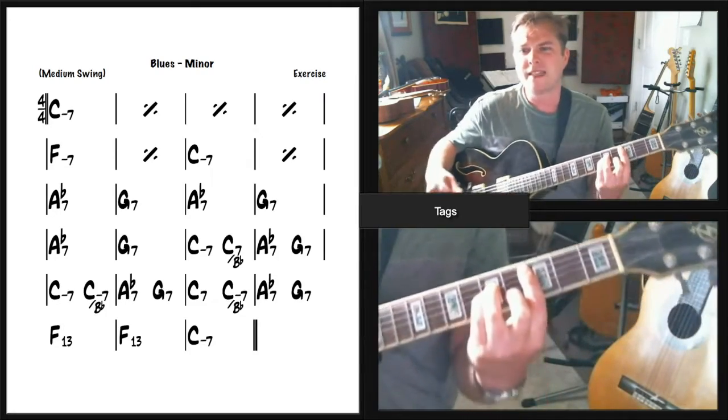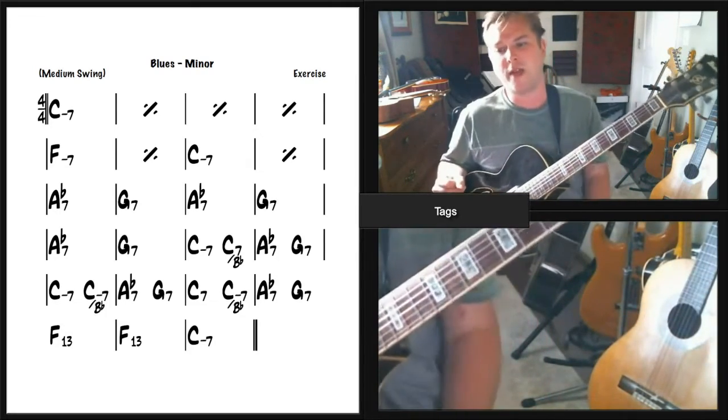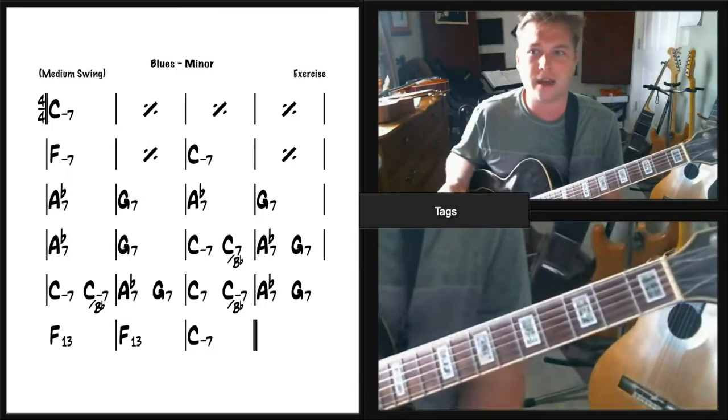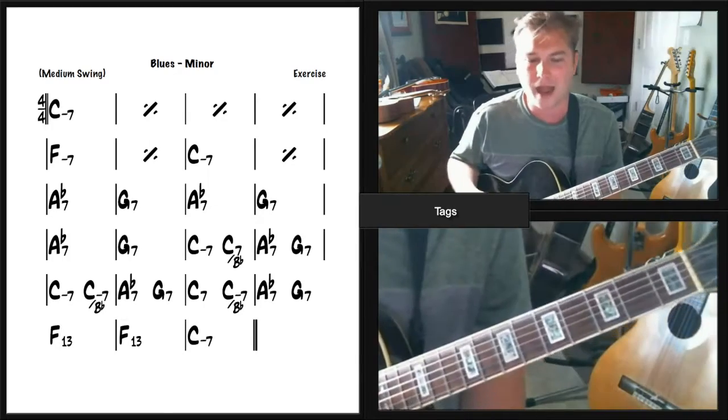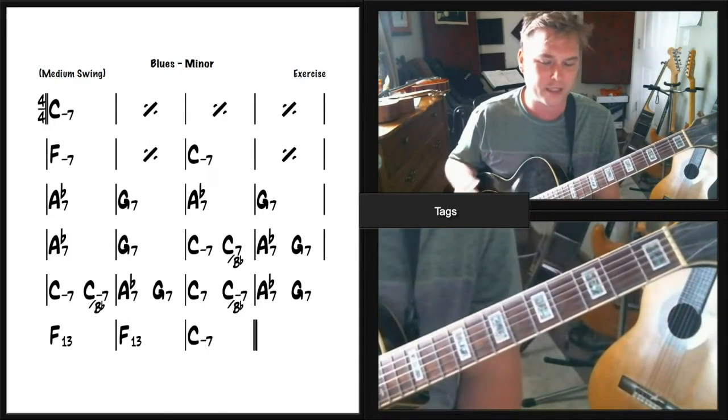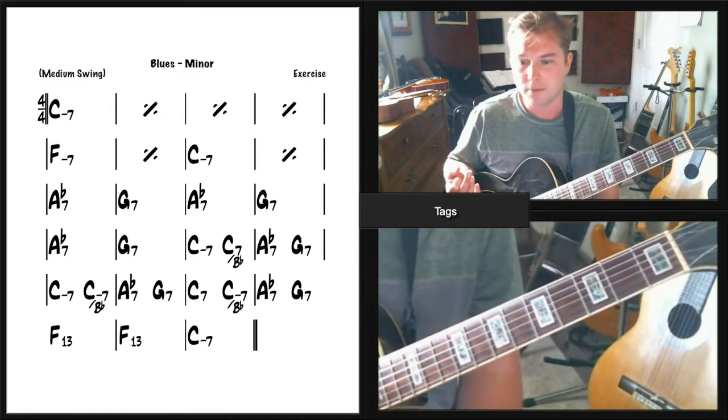Right? Now, that's just a common sort of thing, and you're going to hear a lot of that by listening. So I highly recommend, listen and just use your ears.